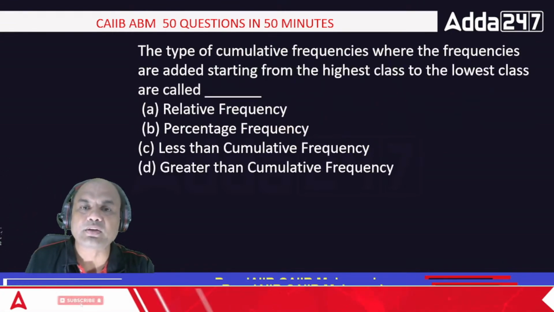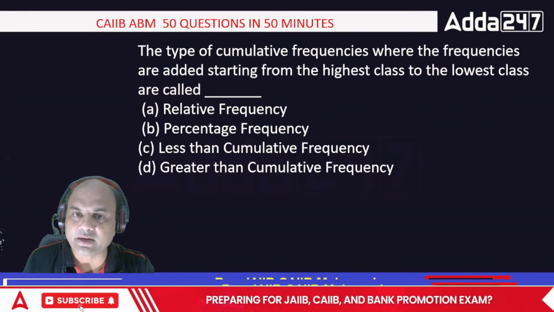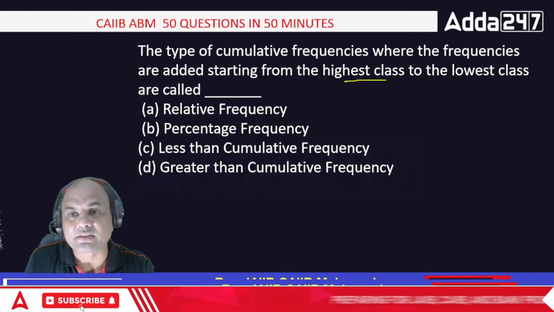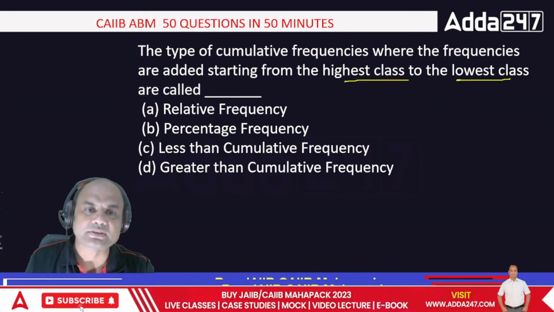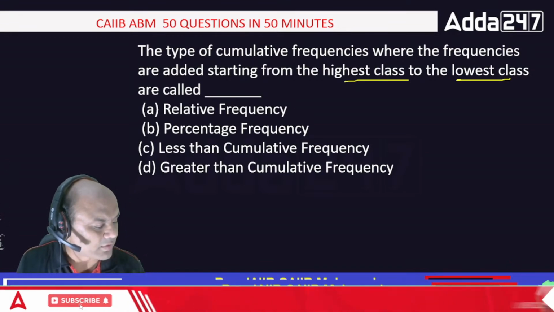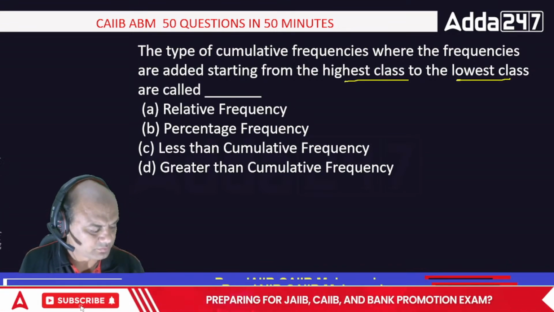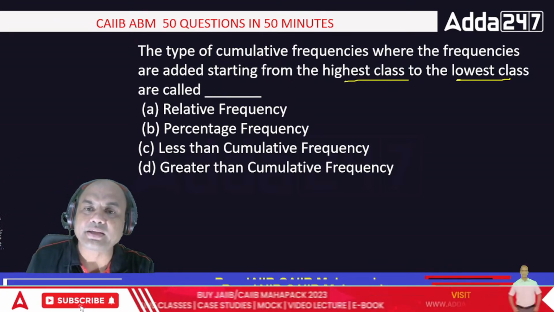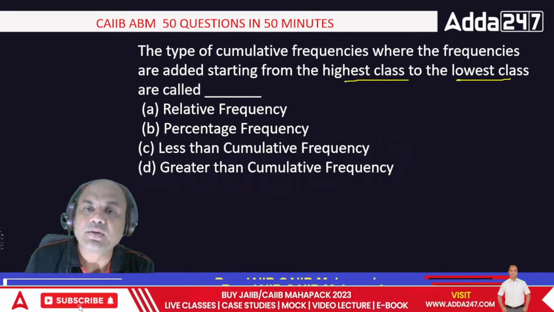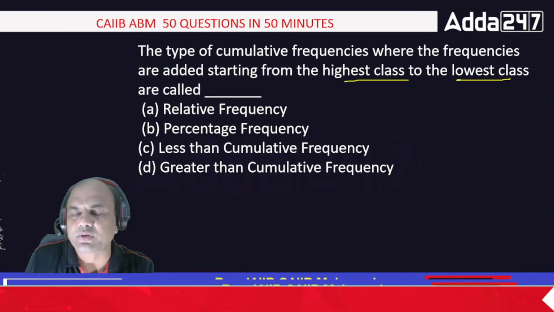The type of cumulative frequencies where frequencies are added starting from the highest class to the lowest class. What does it mean? Highest to lowest means what?